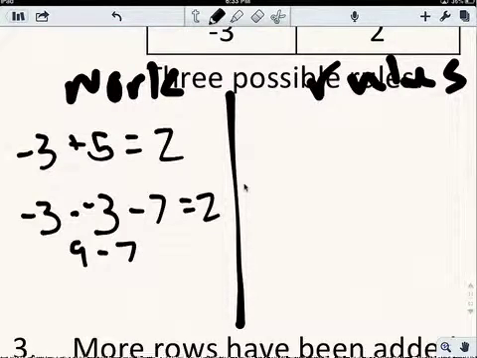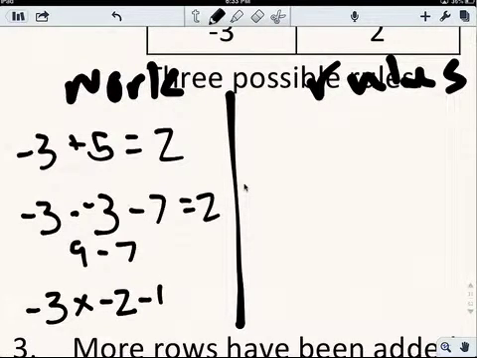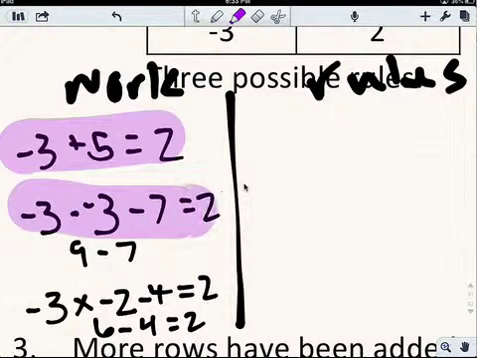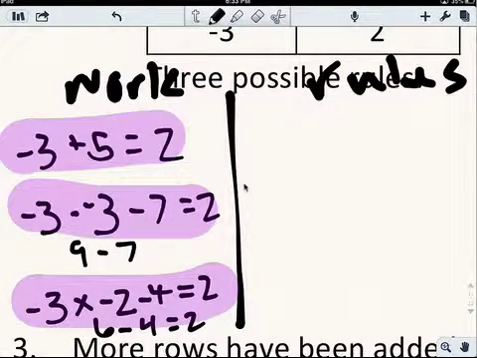Because that equals 2. And then I could do -3 times -2 and take away 1, because -3 times -2 is 6, minus, and I'll take away 4 to get back to 2. And so if I think about these 3 examples here, I can write input-output rules for them.